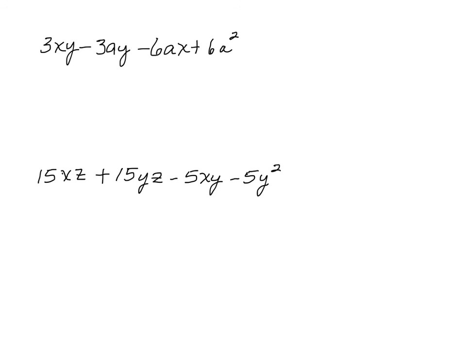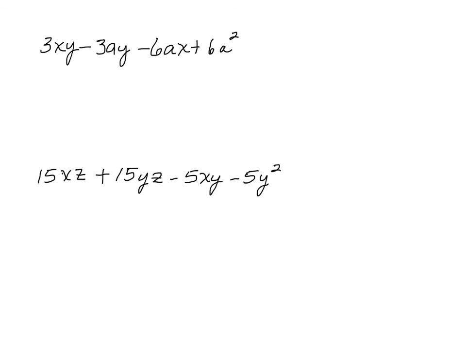So look at these next two. These will be the last ones. Now what I haven't been emphasizing is that you have to first factor out a GCF if the polynomial has a GCF. Look at these four terms. They have a GCF of 3.